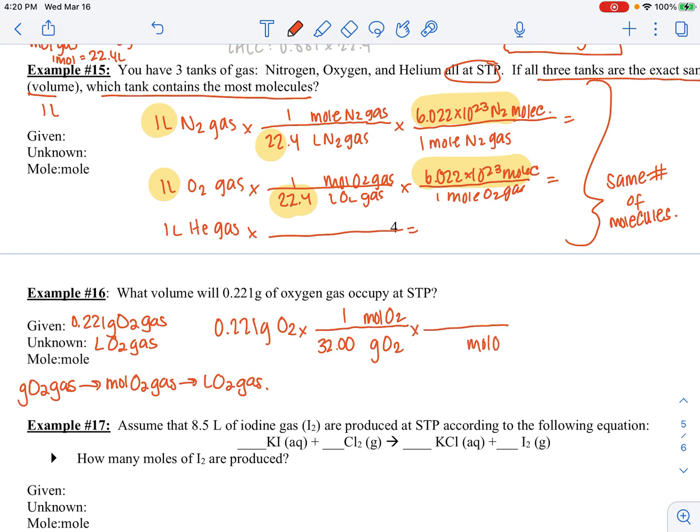Then we'll drop moles of O2 on the bottom and put liters of O2 on the top. And we now have a constant, 1 to 22.4. If you solve this out, you should get 0.155 liters of O2.